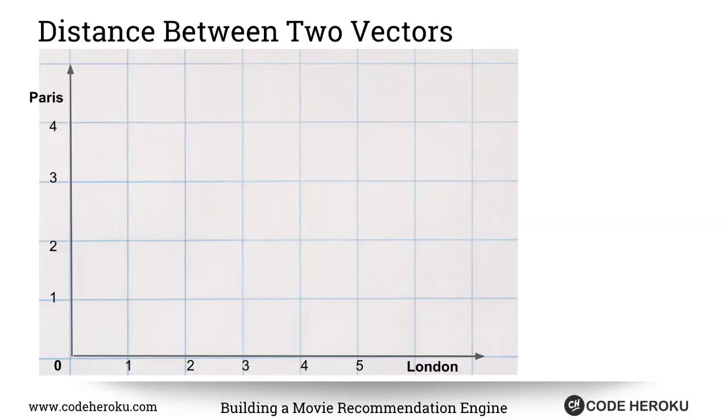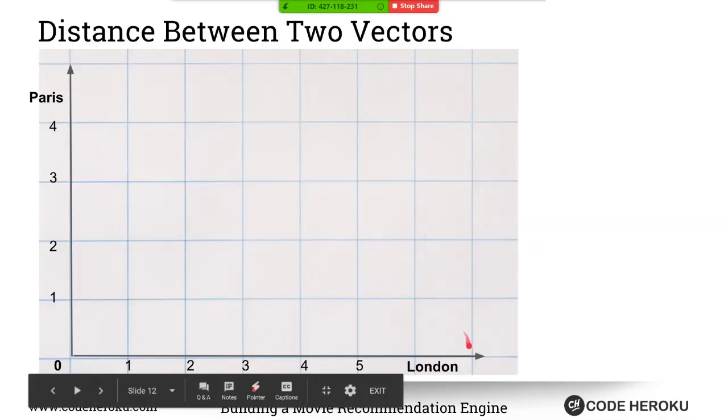Essentially what we need to do is come up with the distance between these two vectors, and don't get scared when I say vectors. We are just trying to represent them on a graph. Both of these sentences we will represent on the graph. Over here, we just have two axes, London and Paris.